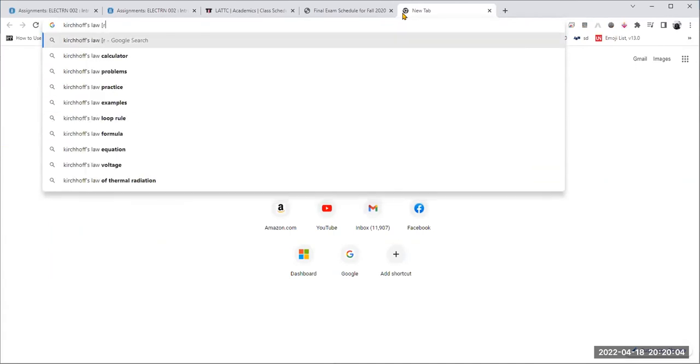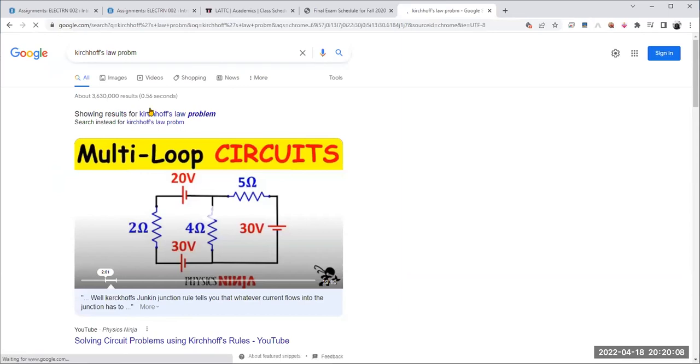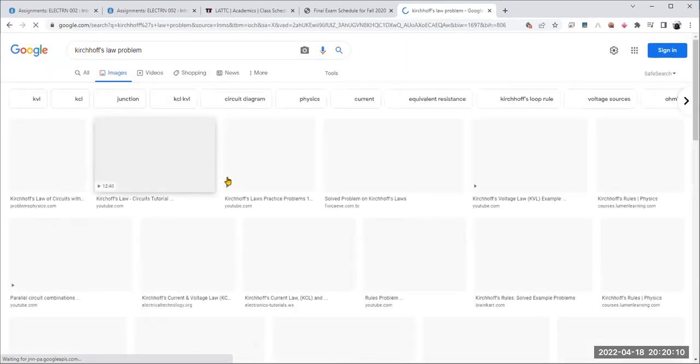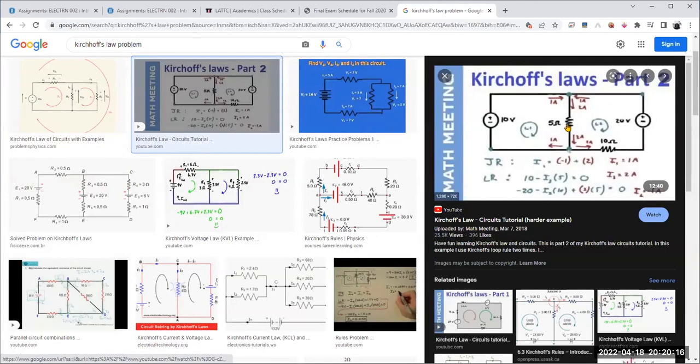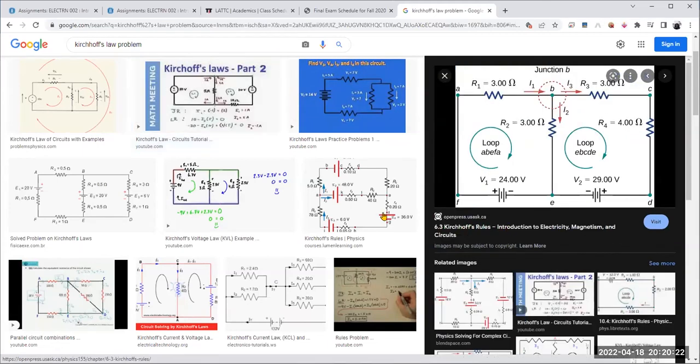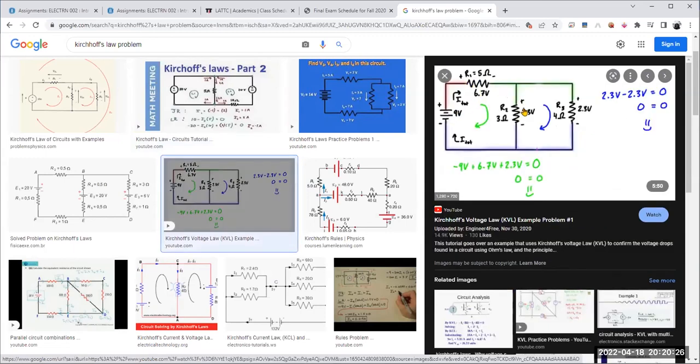Kirchhoff law problems. Without solving these problems, let's see here. Let's say we have this circuit, right? This circuit is not that bad. It only has 1 resistor, 2 sources. Or how about let me try another one. How about this one? 1 source and then 2 resistors.